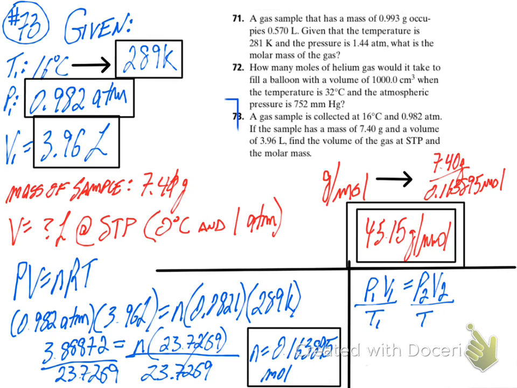Okay, so I'm going to use P1V1 over T1 equals P2V2 over T2. And as I said, the most difficult part of these problems, ladies and gentlemen, is just figuring out what formula to use.